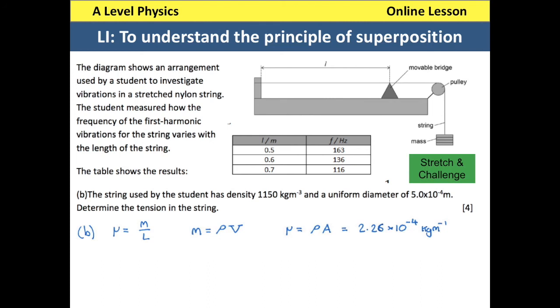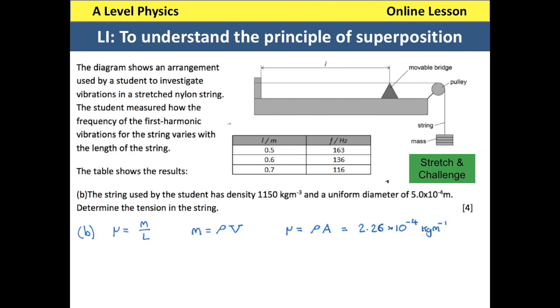That means that when we do this calculation, we would do 1,150 multiplied by the area of the wire. The area of the wire can be found by doing pi times 5 times 10 to the minus 4 squared divided by 4, which gives an area of 1.96 times 10 to the minus 7. And so therefore we end up with a mass per unit length of 2.258 times 10 to the minus 4 kilograms per metre.